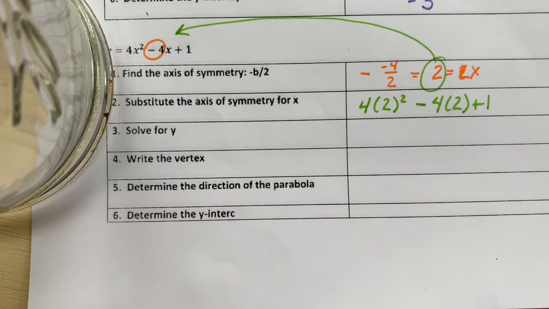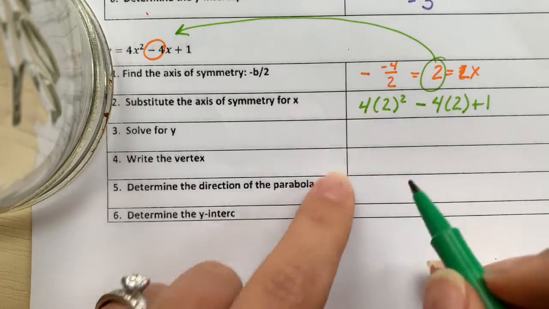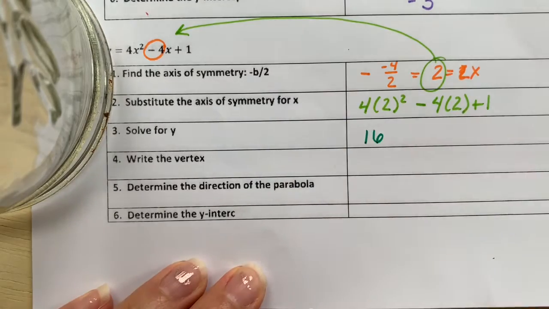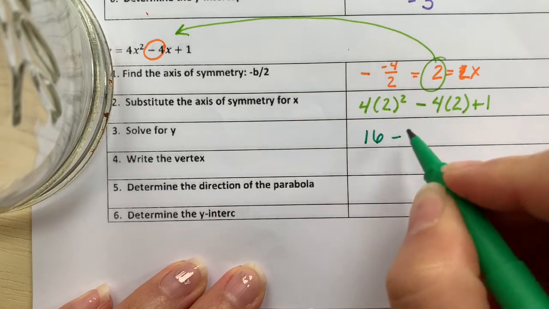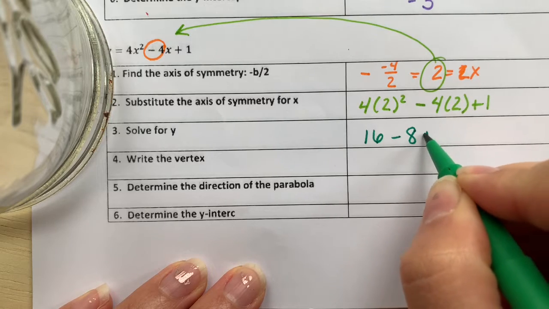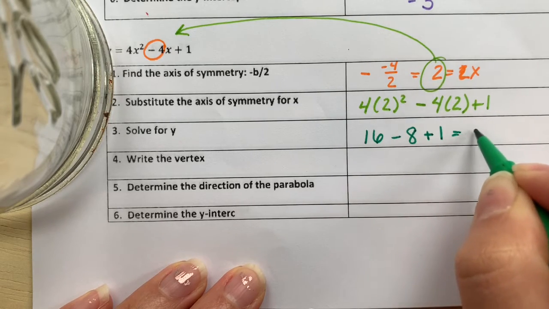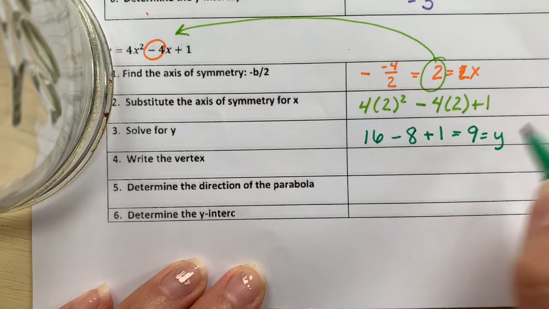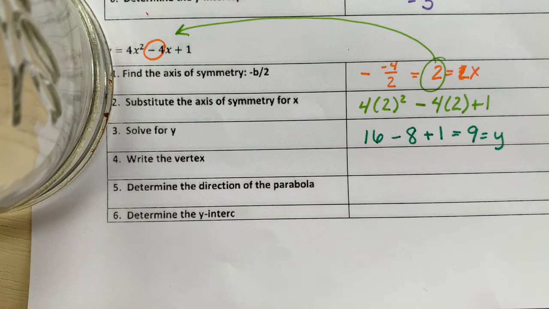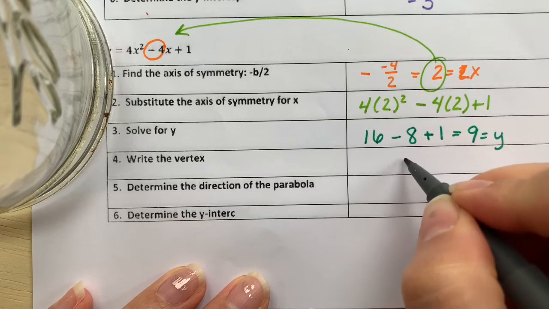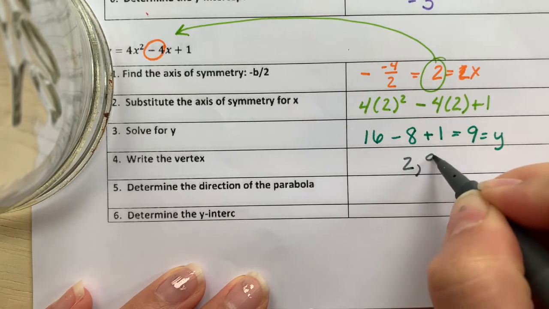Now, 2 squared is 4, so 4 times 4 is 16, minus 4 times 2 is 8, plus 1, and that is equal to 9, and that is our y value. So we have to write this in vertex form, which is our x comma y. So our x is 2, and our y is 9.